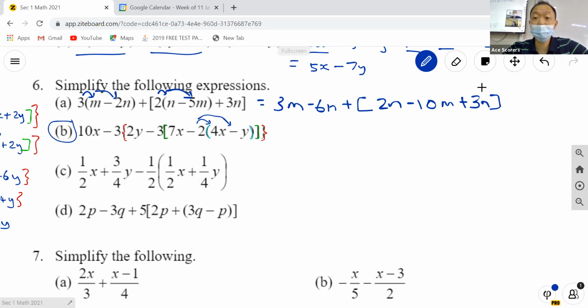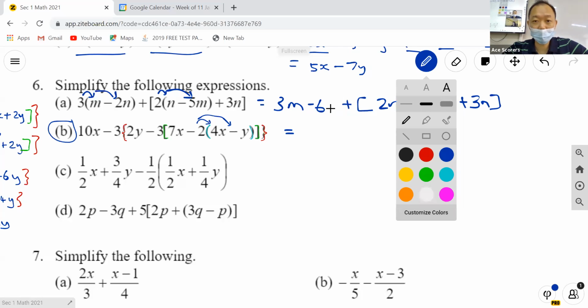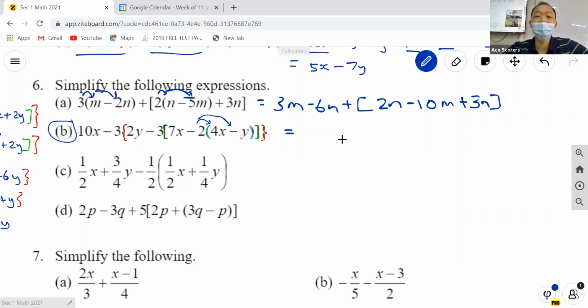So we do that first. Once you have this, you move on to the next step. Now over here, this is an m and an n. Now I need to work inside this bracket. Here, there's nothing to do, so I just copy 3m minus 6n.